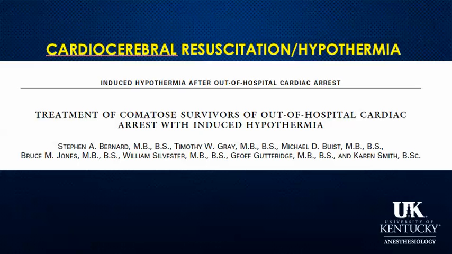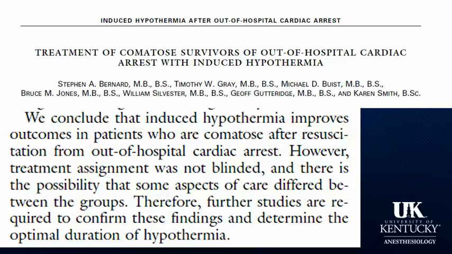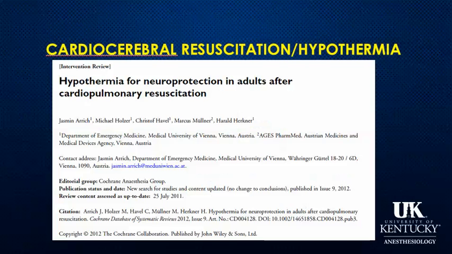And a second publication in the same issue from Australia also concluded that induced hypothermia improves outcomes in patients who are comatose after resuscitation from out-of-hospital cardiac arrest. There is even a Cochrane review published in 2012 supporting the use of hypothermia for neuroprotection in adults after cardiopulmonary resuscitation.